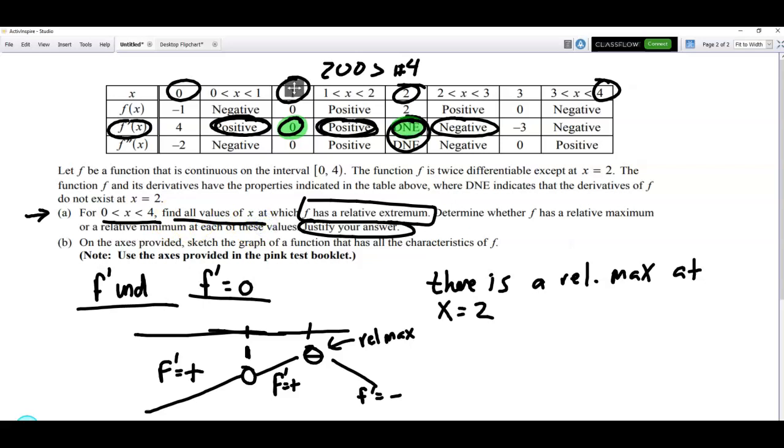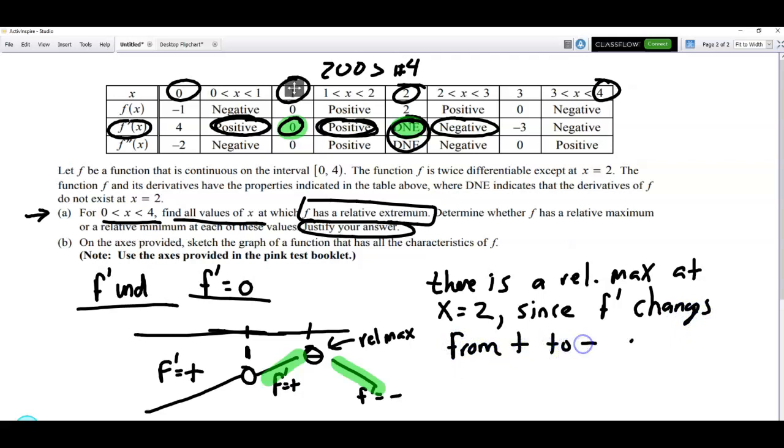There is a relative max at x equals 2 since, and here's how you write your explanation, f prime changes from positive to negative at that point.